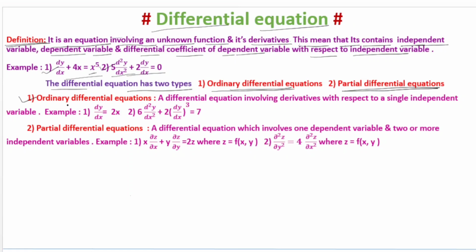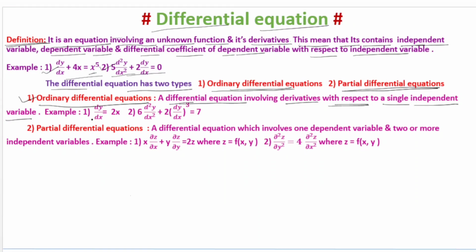Now first we discuss the ordinary differential equation. What does an ordinary differential equation mean? It is a differential equation involving derivatives with respect to a single independent variable. Any differential equation which contains derivatives with respect to only one independent variable is called an ordinary differential equation.